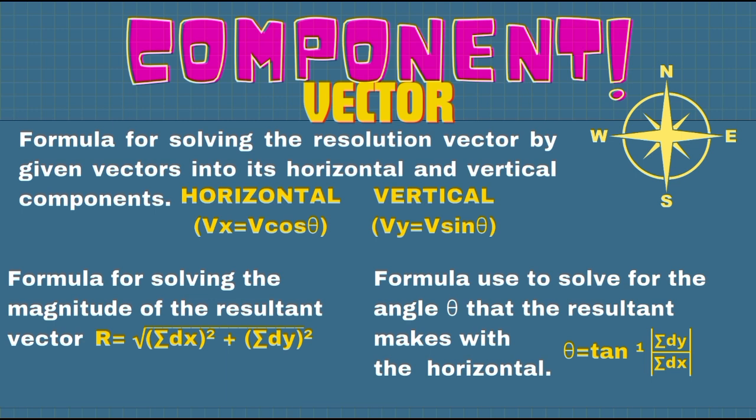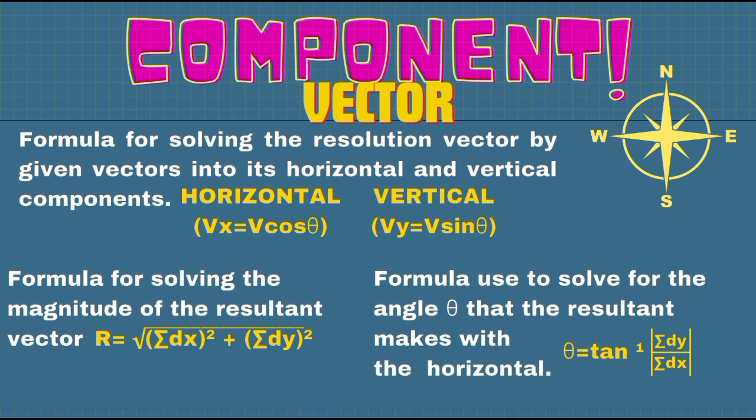And for the formula for solving the magnitude of the resultant vector, the sums of the V cos and the V sin, known as ΣVx and ΣVy, will be squared and square rooted to get the resultant.